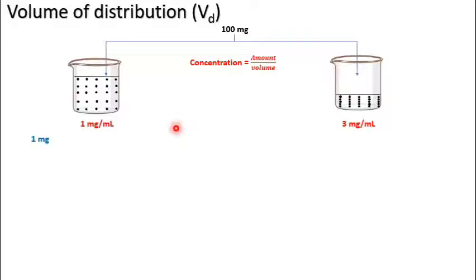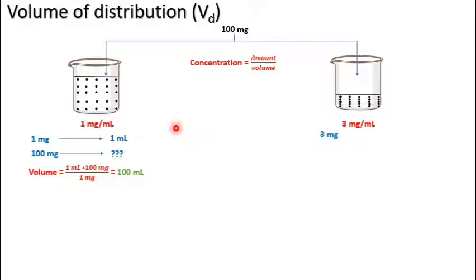So here there is 1 milligram of our substance per 1 milli. So how many millis are there for the whole 100 milligrams? This is a simple cross multiplication, and here we have 100 millis of water.